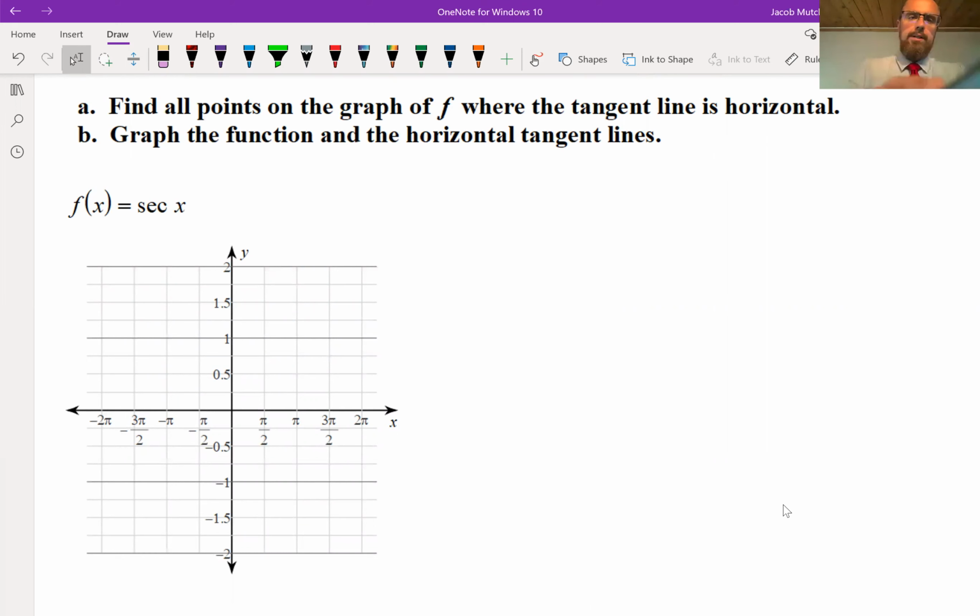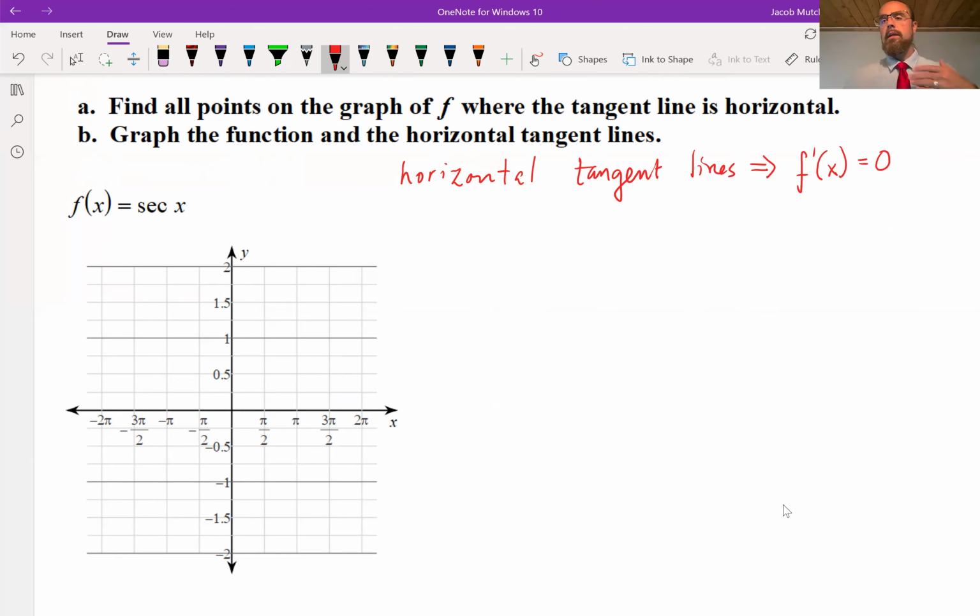And what we need to remember is that if I'm looking for horizontal tangent lines, I'm really looking for where the derivative equals 0. So the derivative, I'll just notate that as f prime of x equals 0.